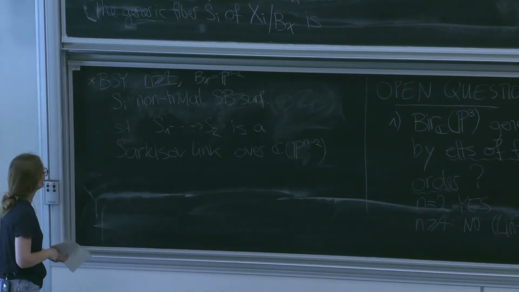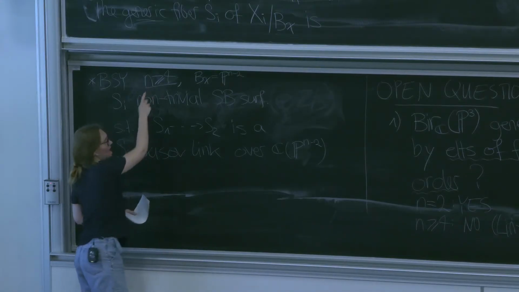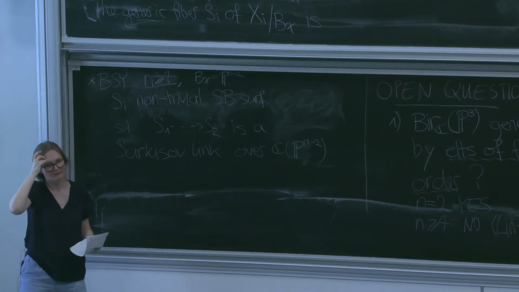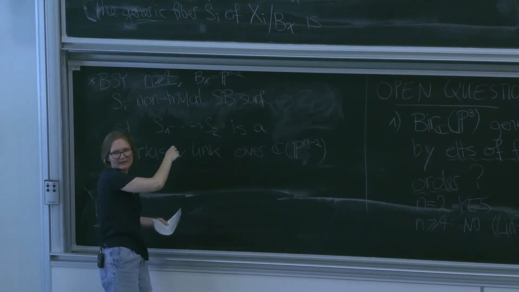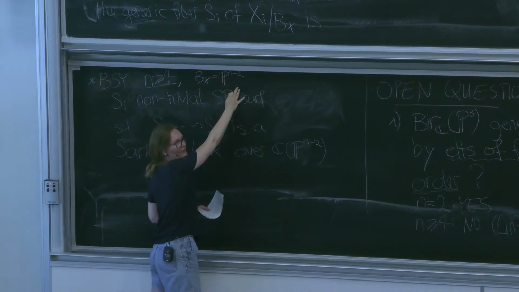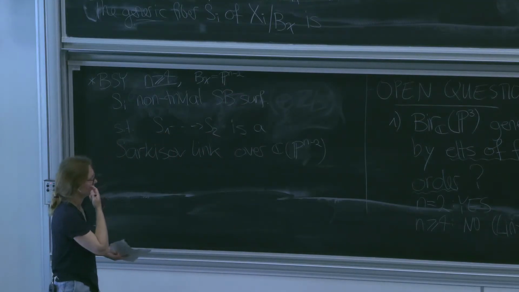And now a remark here. I say I take n at least 4, but I could do it also for n equals 3. I could take a 3-fold and then I would take P1. So far there's no problem.